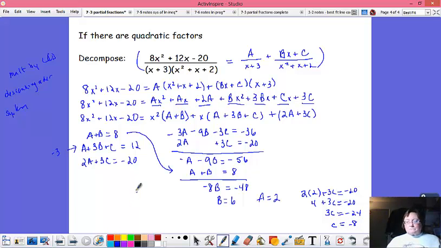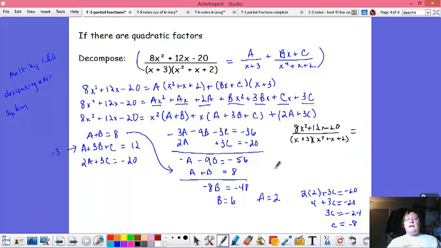So here comes our final answer. I'm going to write it in a different color again. We have the left side, which was 8x squared plus 12x minus 20 all over x plus 3 times x squared plus x plus 2. Folks, that has to equal.